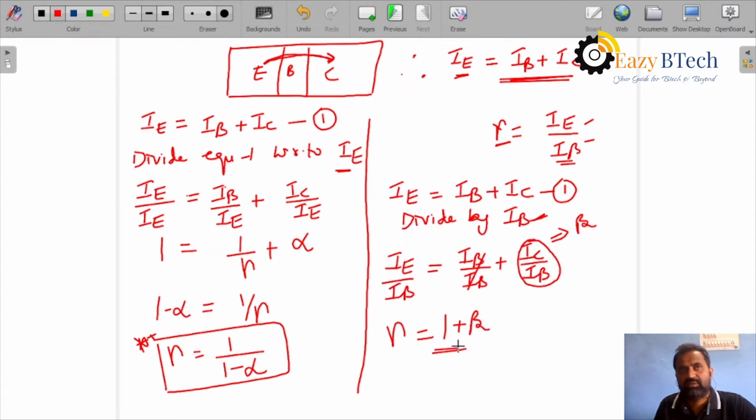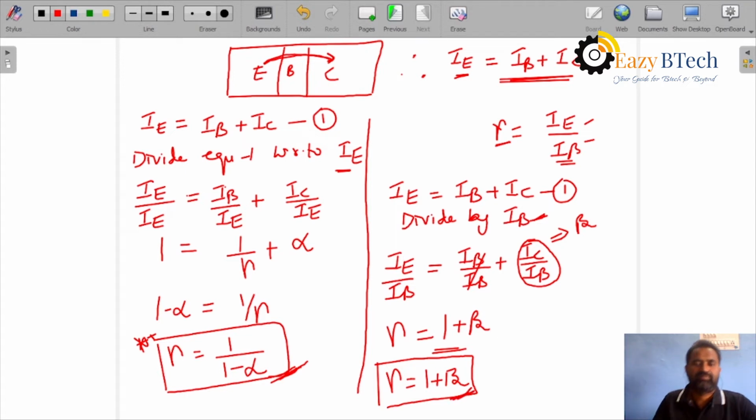It means you can remember gamma is equal to 1 plus beta. This is the current gamma value: gamma in terms of alpha, gamma in terms of beta.